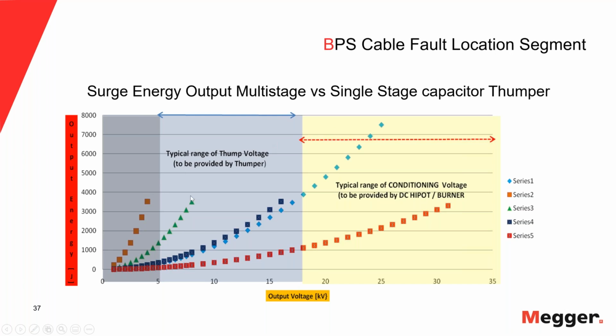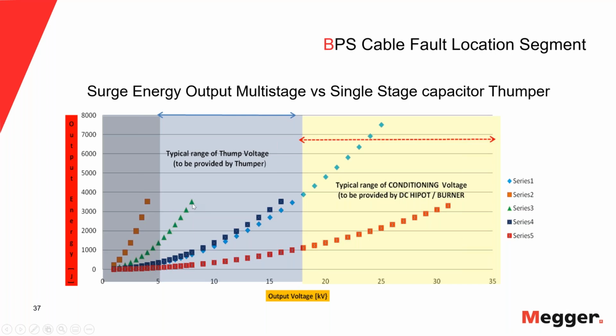But we have 3,500 joules at 4 kV, 8 kV, 16 kV and 32 kV. So if you look at where you typically thump, you have much more energy available.